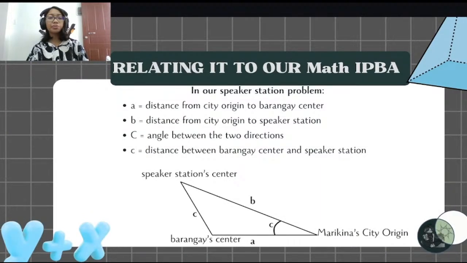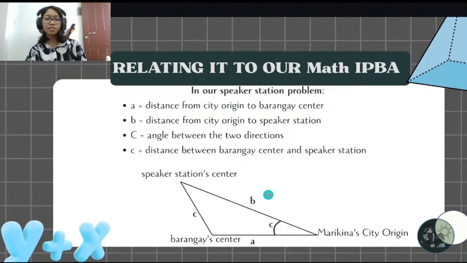Okay, how are we going to apply the law of cosines in our Math IPPA? Let's have an example. We treat the Marikina City origin as a reference point. Side A is the distance from the city origin to the barangay center.